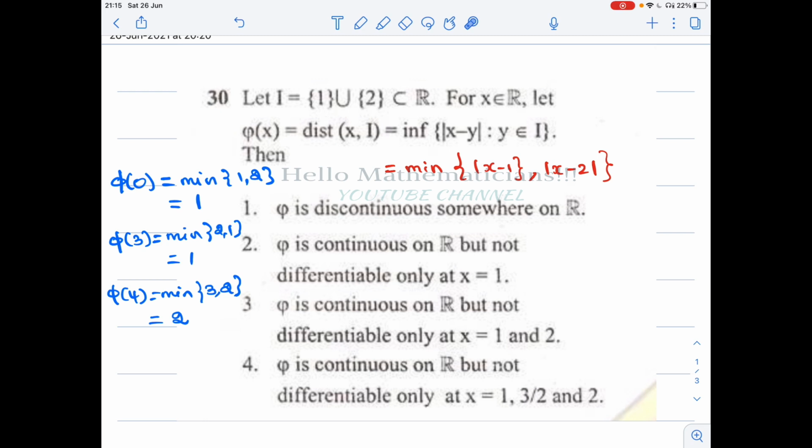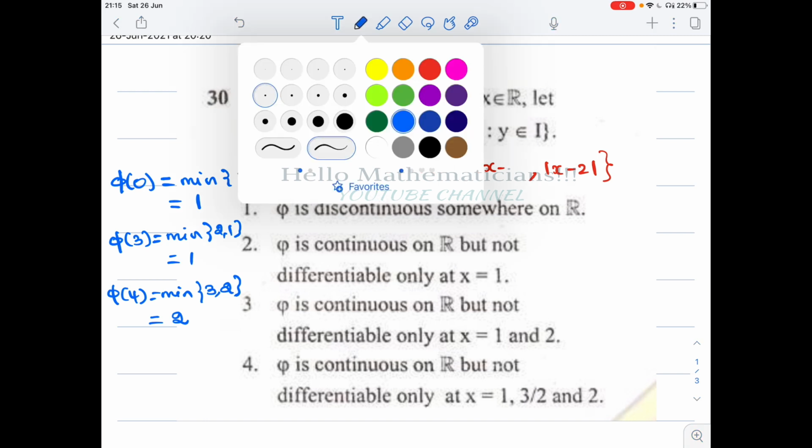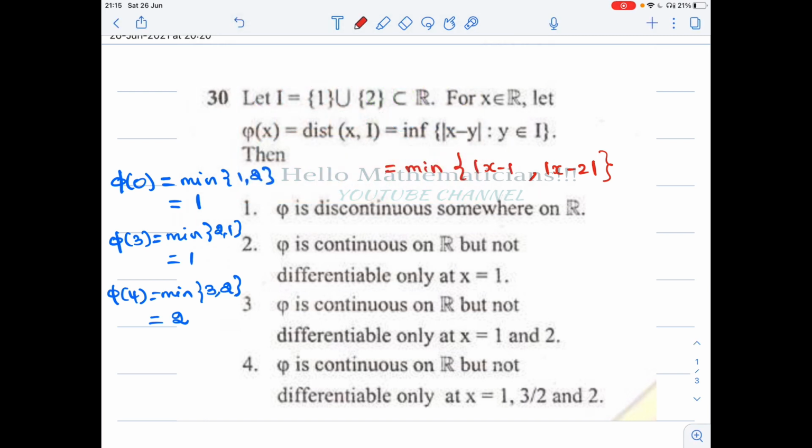But in case of our problem, I contains only two elements. So you take an arbitrary x belongs to R, then you calculate the distance between x and 1, that is mod x minus 1.